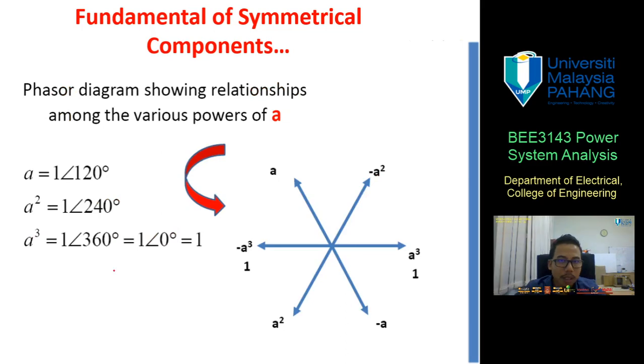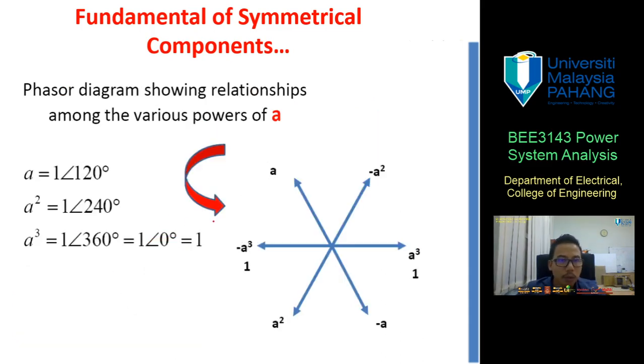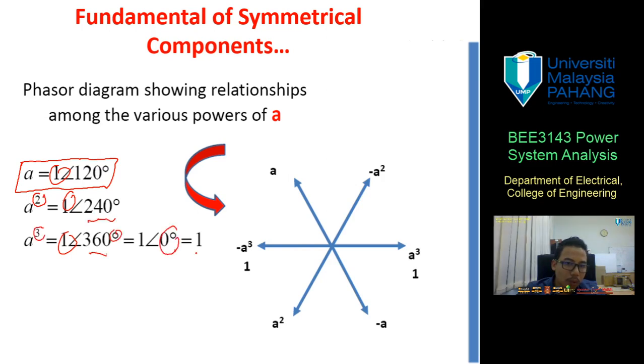Basically, if you see here, they have A squared and A. The magnitude is still the same, 1, 1, and 1, but only the phase is different. So A is 120 degrees, A squared is 240 degrees, and A cubed is 360, which means 0 degrees. It's the same as 0, that's why A cubed is 1.